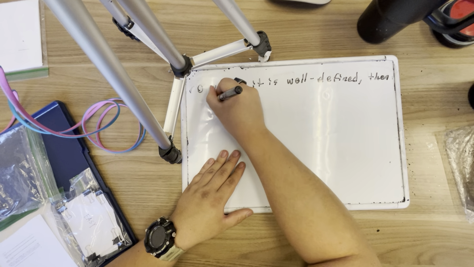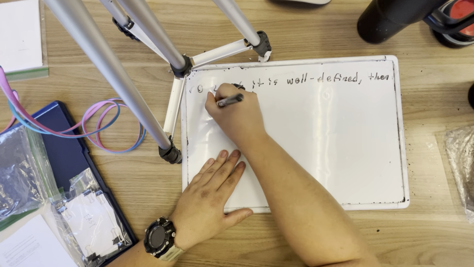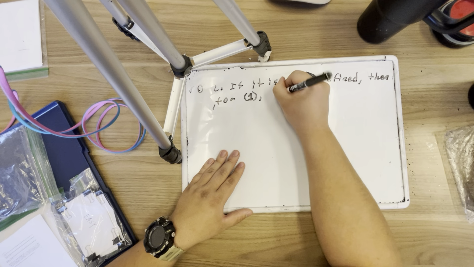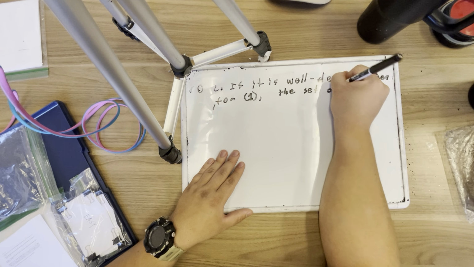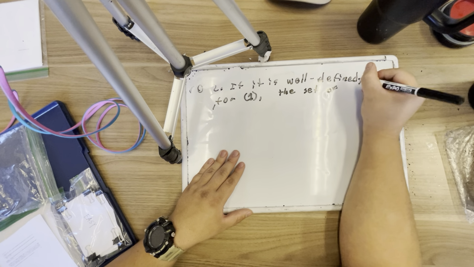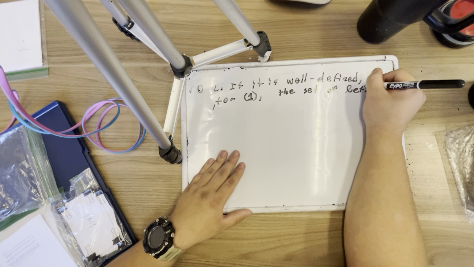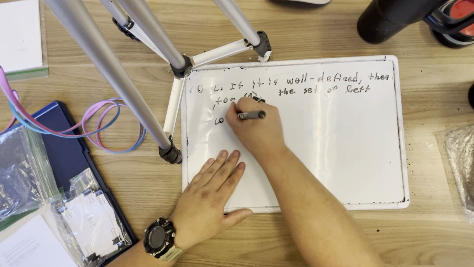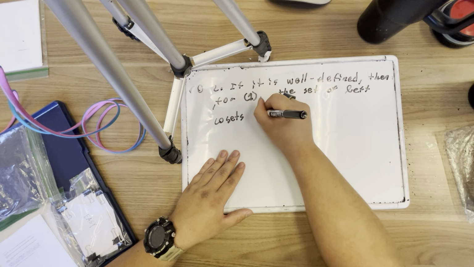Then for 1, the set of left cosets is a group with identity 1N and inverse (gN)^-1 is equal to g^-1 N.